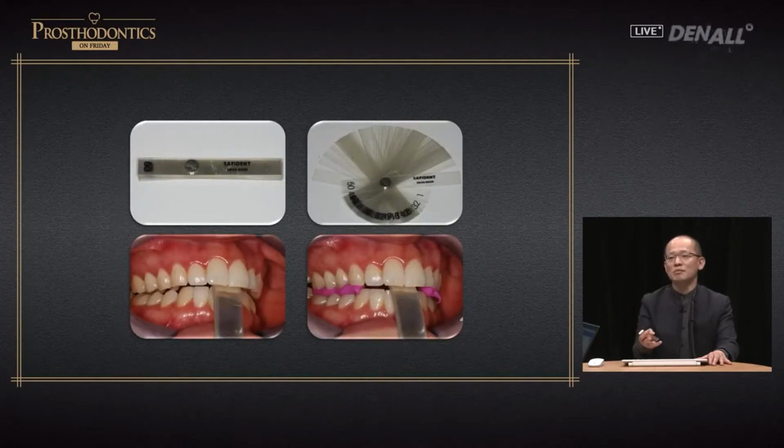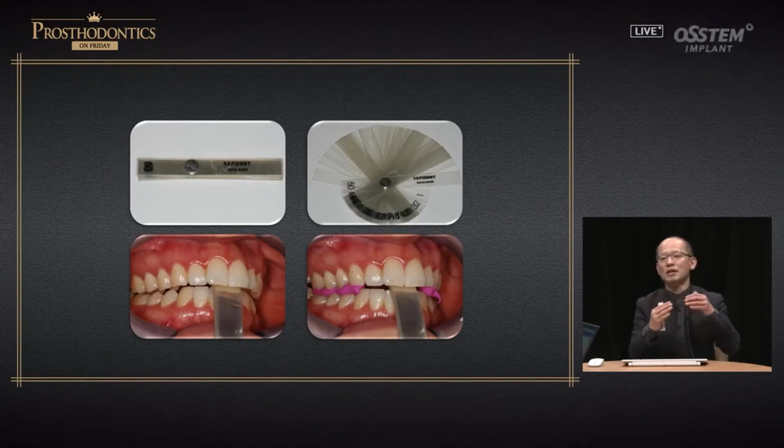But the leaf gauge is very thin. You stack up the 50 thin layers, so it should not come into contact, but still it should be thin enough. But if it's too thin, then it's flexible, and the patient can bite on it.